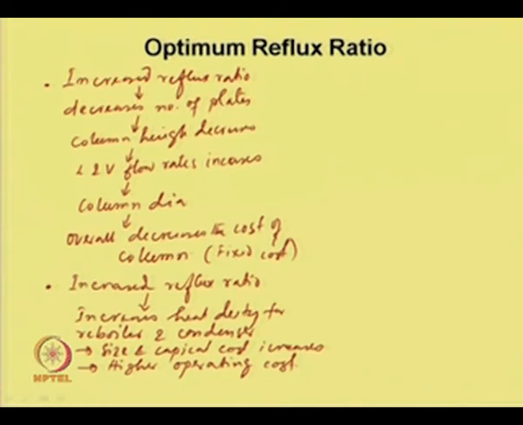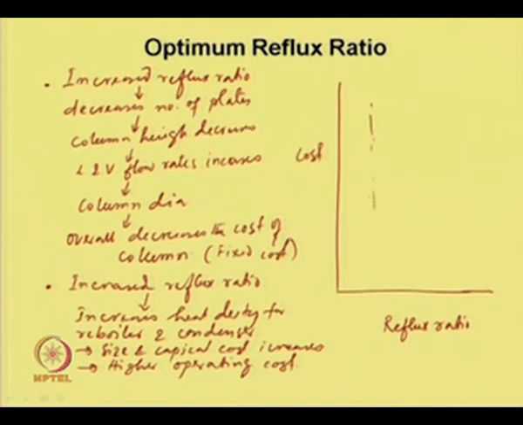So, overall, if we plot cost versus reflux ratio, there will be a minimum reflux ratio, which is R min, and the operating cost would gradually increase as we increase the reflux ratio.